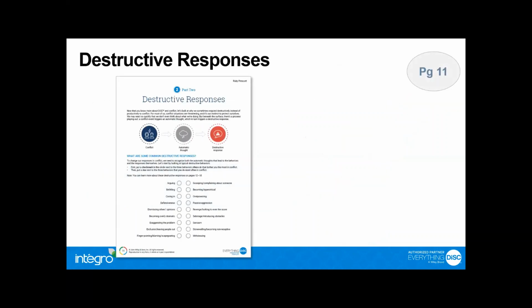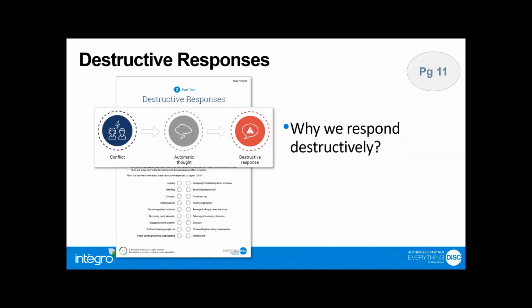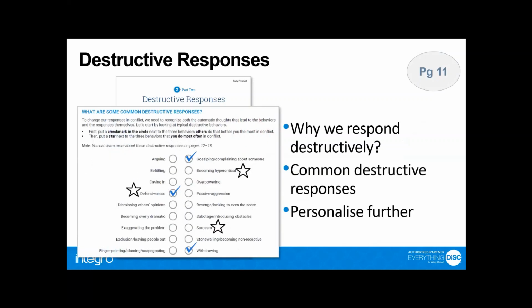So in the profile on page 11, the person has the option of looking at the 18 destructive responses that were identified by research as the most common destructive responses people use in workplace conflict, okay? And the participant is asked to tick the ones that they have most difficulty dealing with in others, all right?